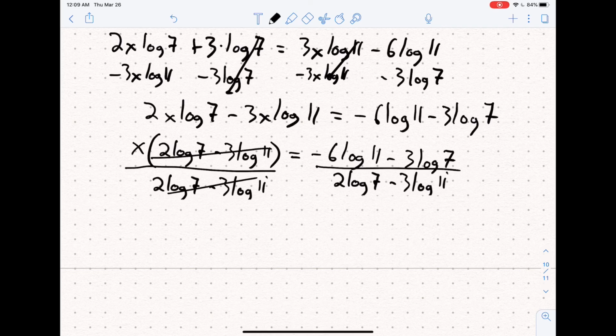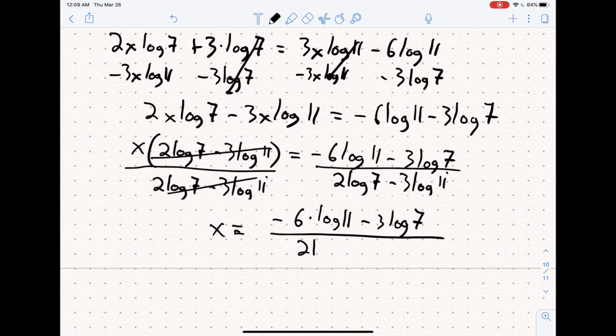Here it cancels. And what is x equal to? Well, it's just equal to what you see there. I'll recopy it for neatness' sake. Negative 6 times log 11 minus 3 times log 7, over 2 log 7 minus 3 log 11.